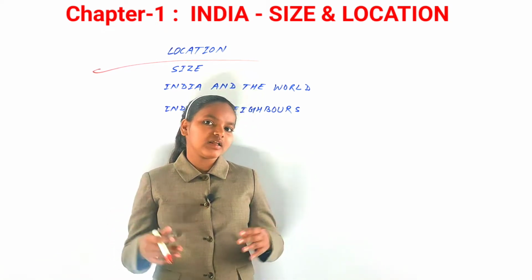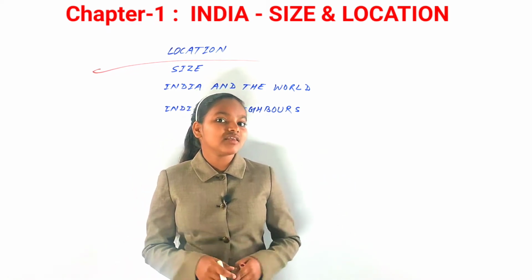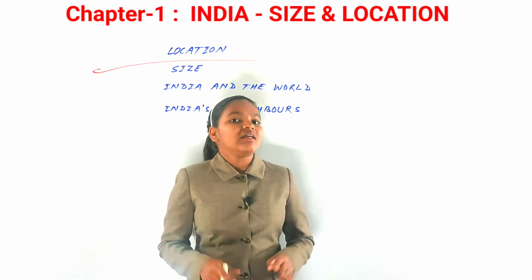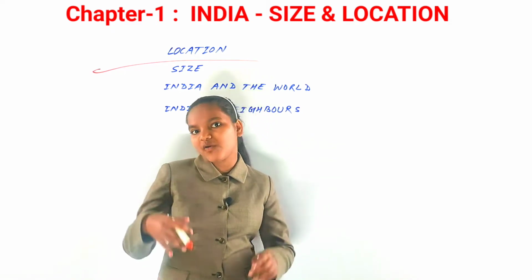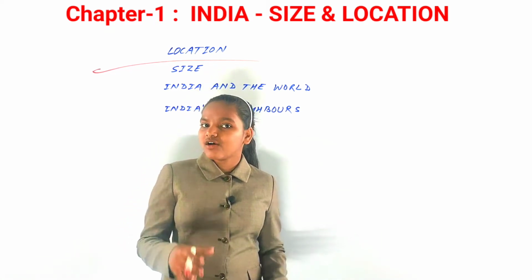You might be thinking that there is GPS for this, but even in GPS there must be some location of that particular region, and that's why longitudes and latitudes are a kind of location of any place. They are the point of that place.